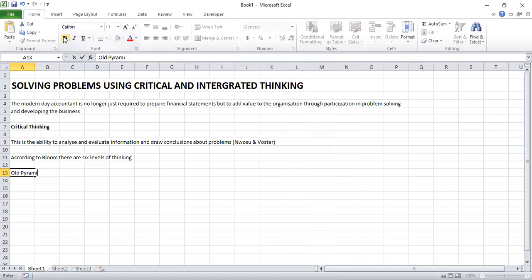Right. The old pyramid has 6 levels. That is the lower level.